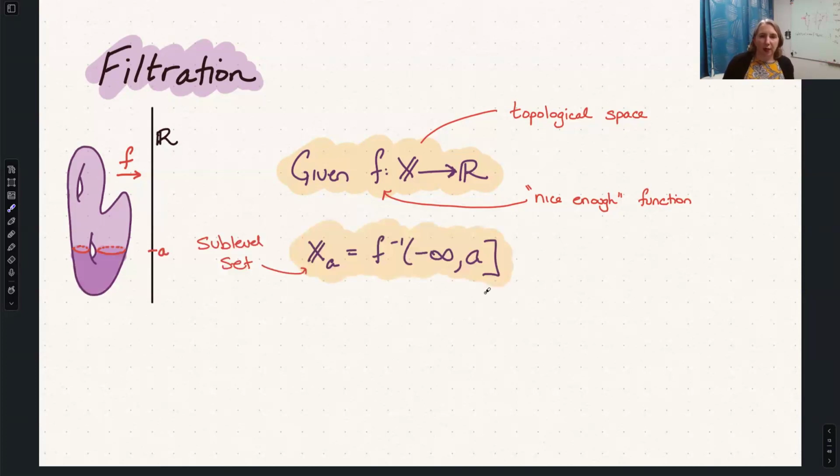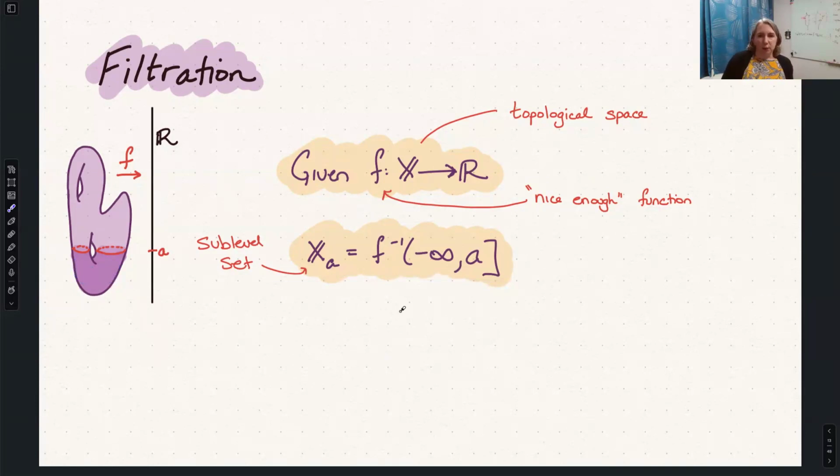So I can look at things like sublevel sets. The sublevel set for a particular function, I'm going to denote by X sub a. So this is going to be the set of points in your original space that have function value less than a, right? So in my picture over here, all the stuff down here is supposed to be my sublevel set for this particular choice of a.